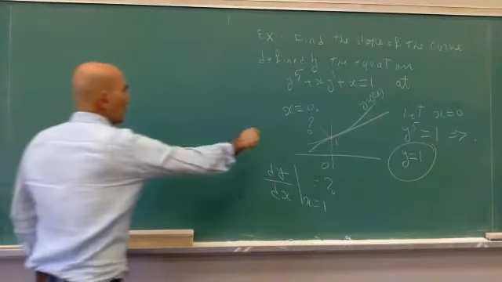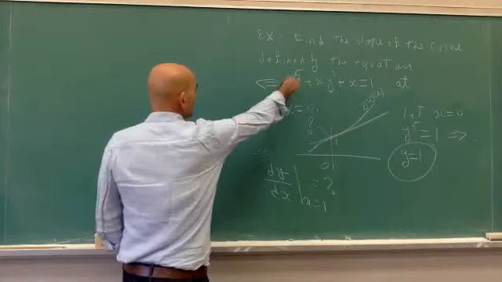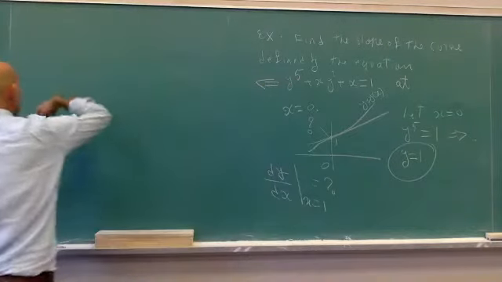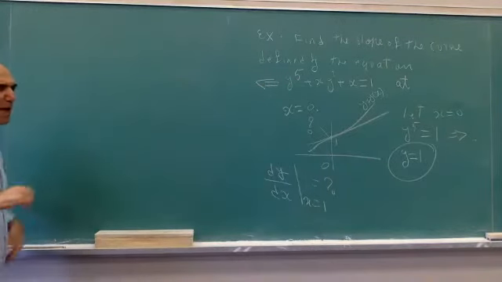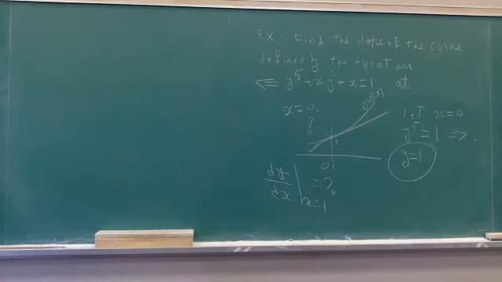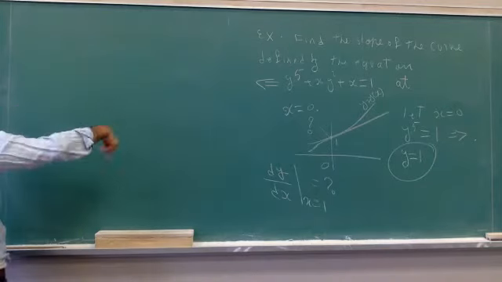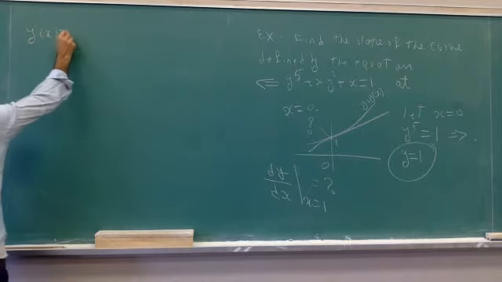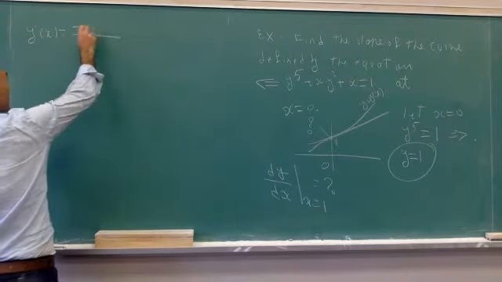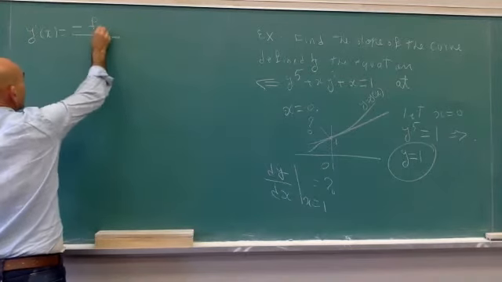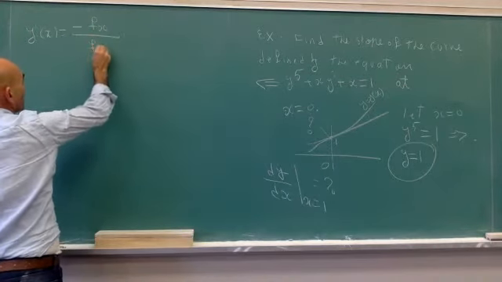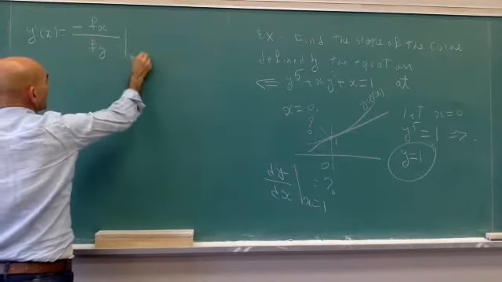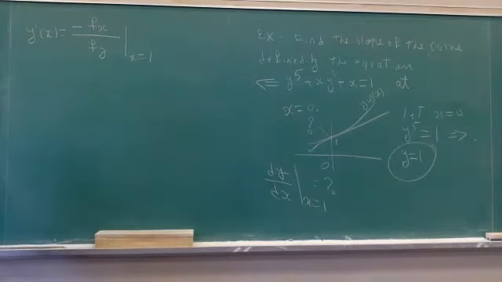Okay, so with that understood, let's now compute. For this equation, I just take the derivative with respect to x. You can memorize the formula, but because I just derived it, I still remember it. So y prime of x is equal to minus d of dx, fx over fy, at x equal to 1, right?